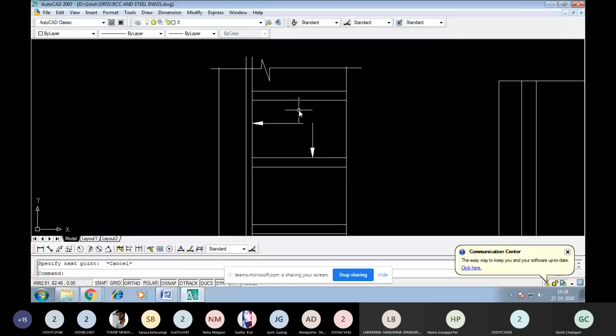Again, this heel slab will also be designed as a slab with a load of WL square by 12 as the midspan moment and WL square by 16 as the negative moment at the edges where it is connected with the counterforts as well as the stem.